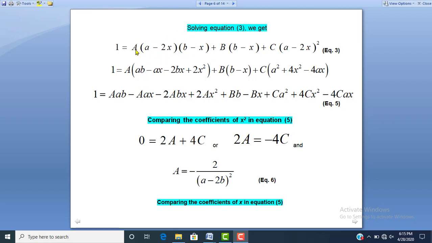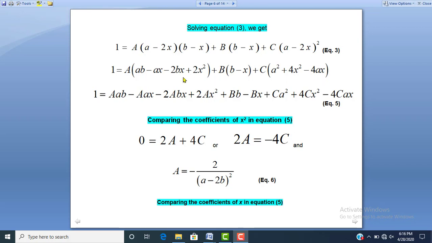So this a into (a minus 2x) into (b minus x), the product will be a into (ab minus ax minus 2bx plus 2x square), plus b into (b minus x), plus c into, so here we will take the square of these two terms, a square plus 4x square minus 4ax.